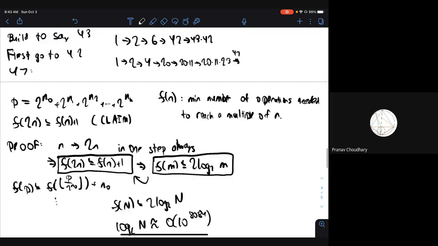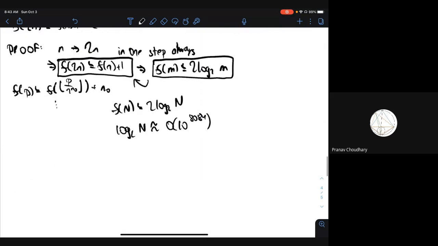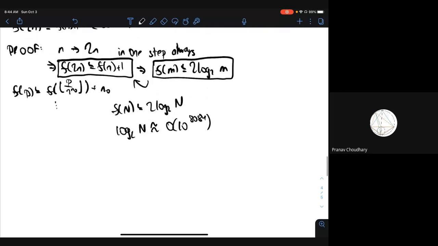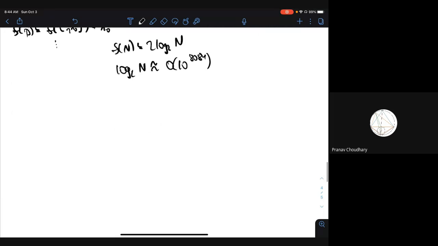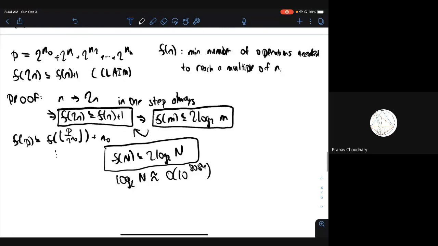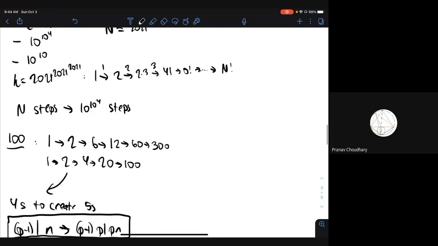You'll get something that's certainly less than 10 to the 10 to the 4, if you just estimate the constant. I don't want to do that because it's kind of boring details, and if you want, you can work out this part later. But that's how we do 10 to the 10 to the 4.